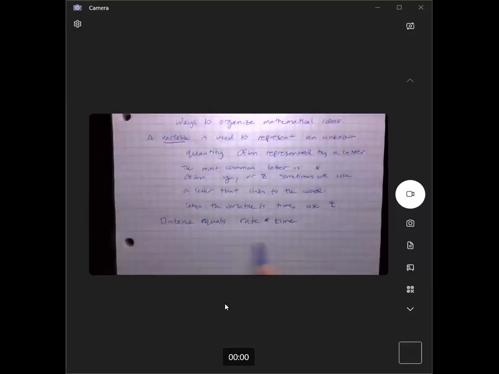If you've ever seen the formula distance equals rate, which is another word for speed, distance equals rate times time. And if we represent that in letters, we often write D equals R times T.